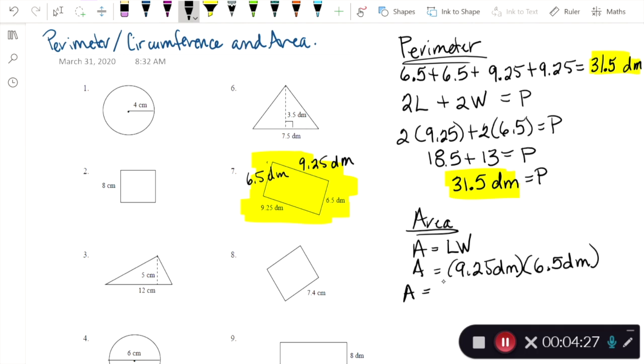Area will be equal to, and when I calculate it, I get 60.125, and I'm just going to go to 1 decimal place here. 60.1. Now decimeters times decimeters makes decimeters squared, or square decimeters.